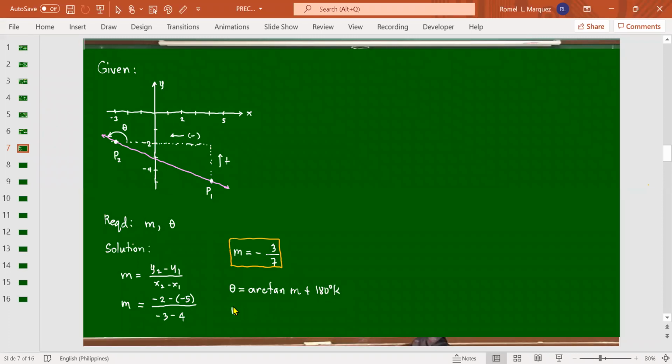We're going to take our k as 1, no? Because our slope is negative. So we have arctangent of negative 3/7, but we have to add 180 degrees times 1, or simply 180 degrees. Your choices for this additional term are either 0 or 180.